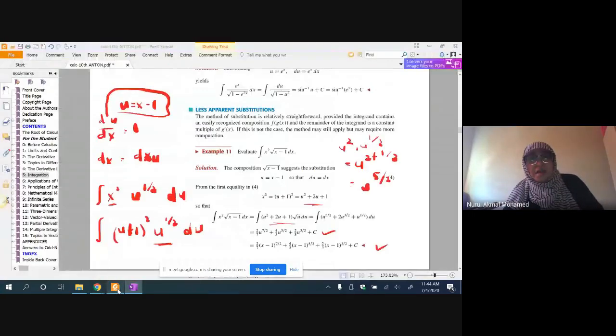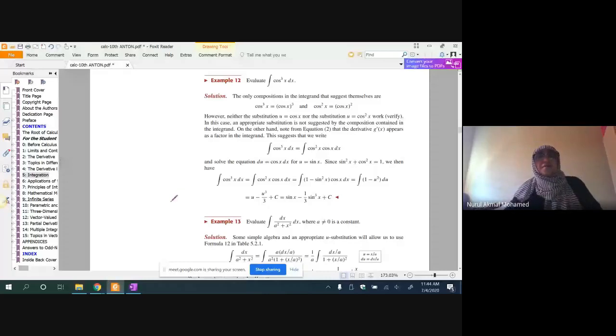Next one, Example 12. Evaluate the integration of cos to the power of 3 x. Cos cubed x is actually equal to cos x to the power of 3.